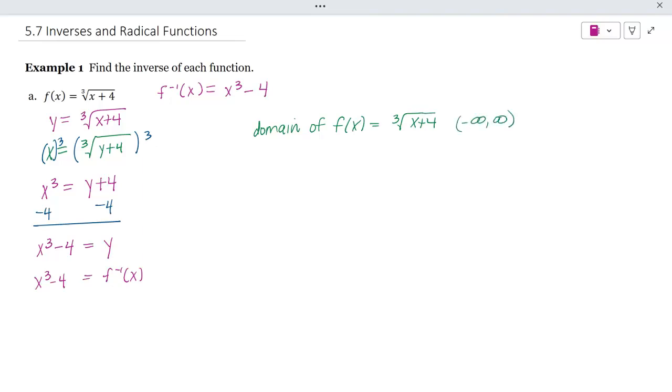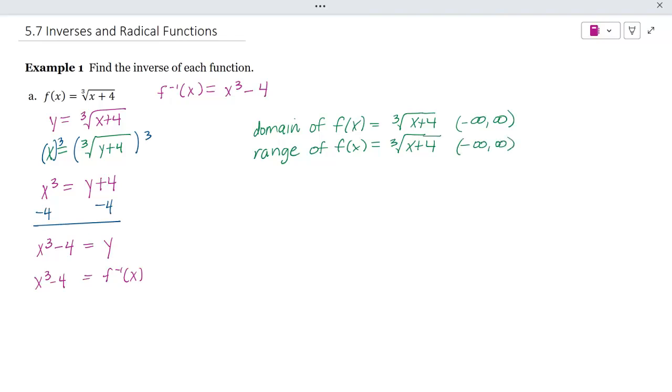There are no restrictions when we plug numbers into a cube root because we can take the cube root of negative numbers. And the range was the same. The range was also all real numbers.